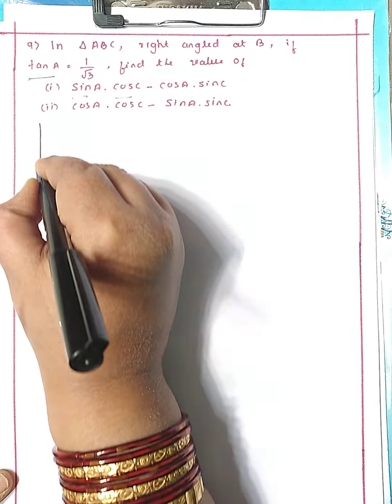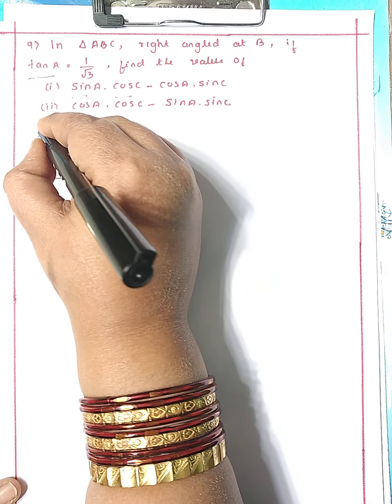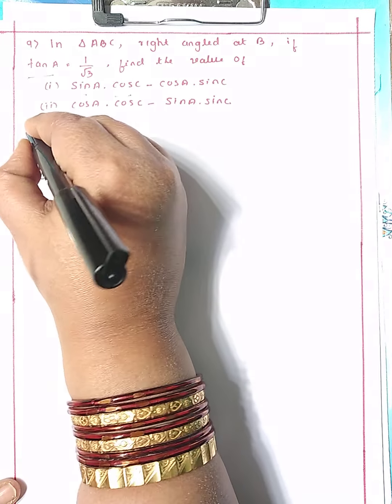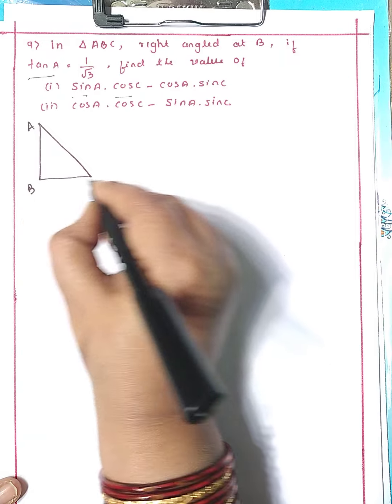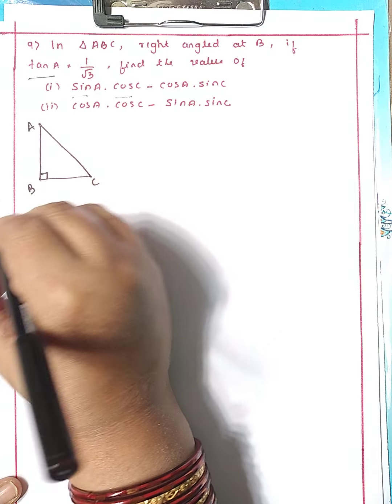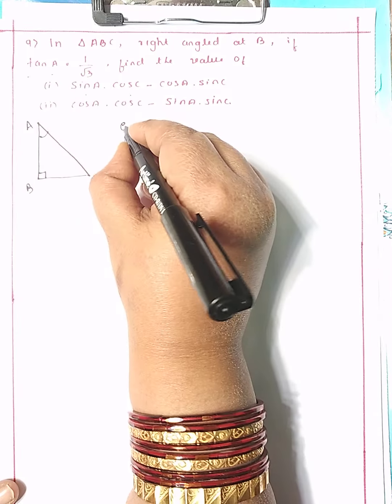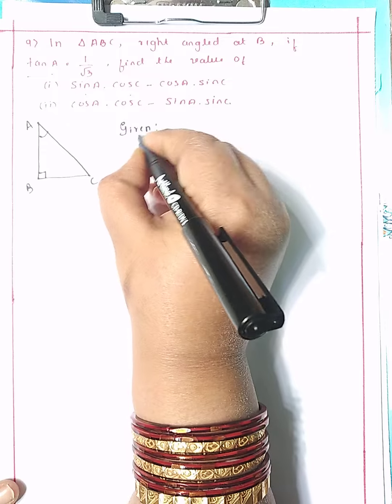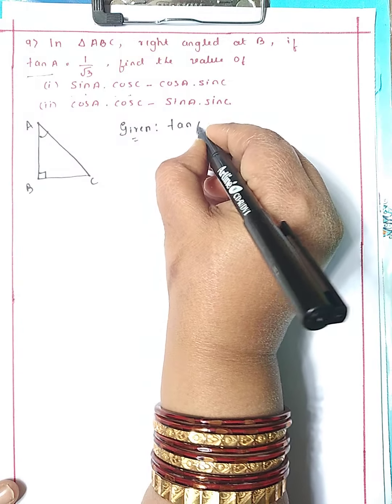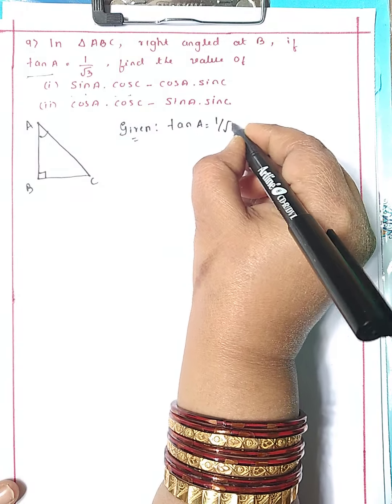So first draw the triangle here. A, B, C, B right angle, and for A we have to find out the ratio. Given is what? Tan A equal to 1 by root 3.